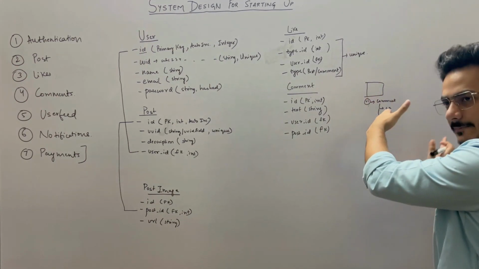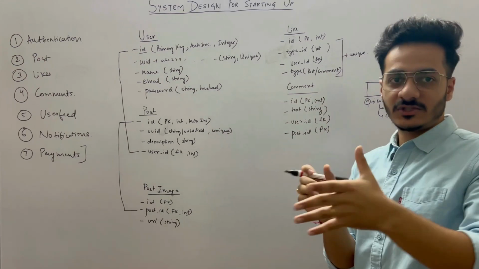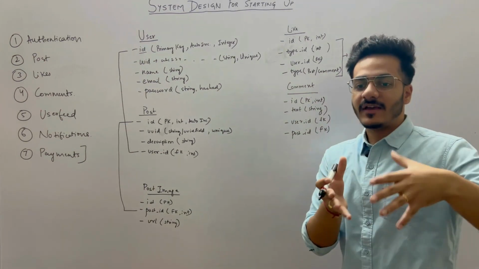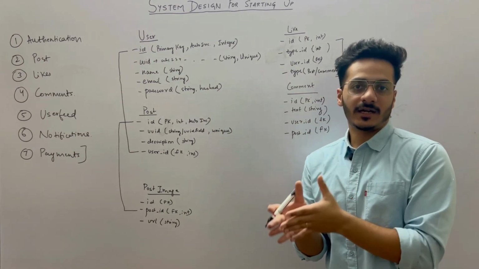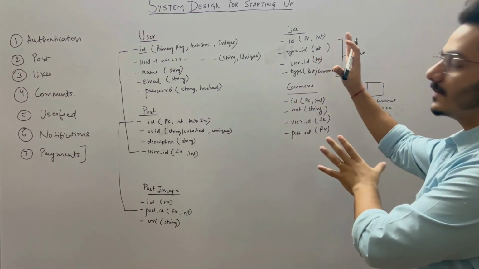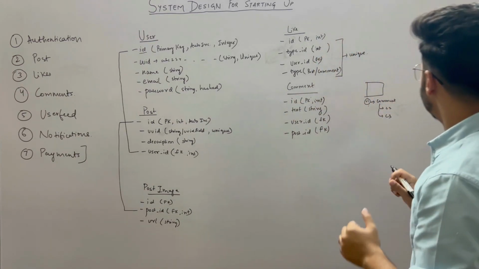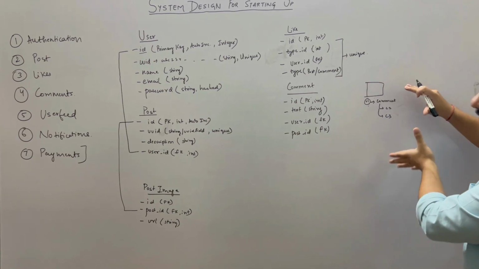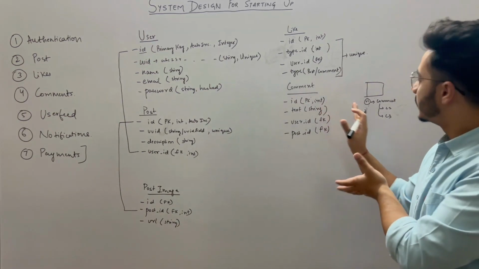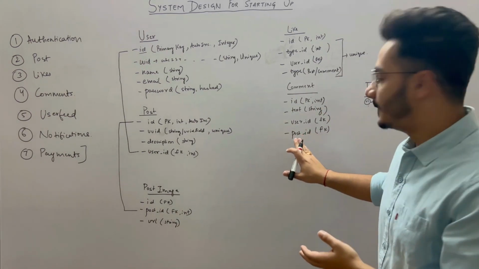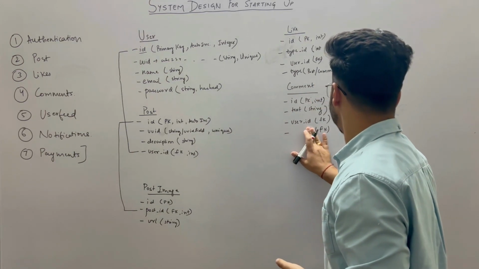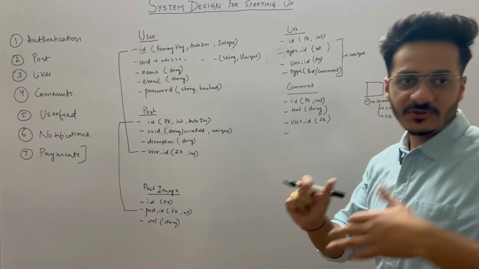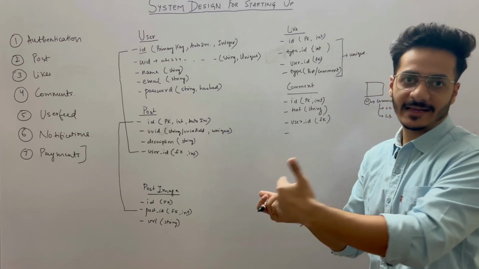If you go on multiple nesting, then it makes more sense to store in an unstructured way, that is kind of NoSQL databases. But right now, since we are using SQL databases, let's focus on this itself. So this kind of nesting you will be having. So here what we can do is, instead of this post ID, and one user can actually comment on a post multiple times also, right?